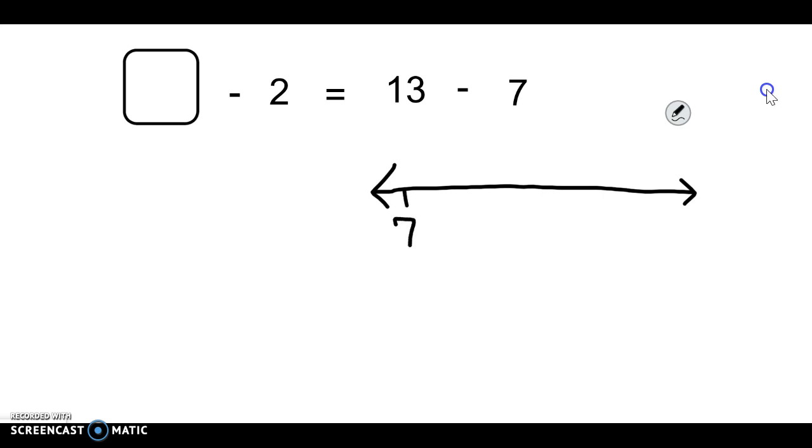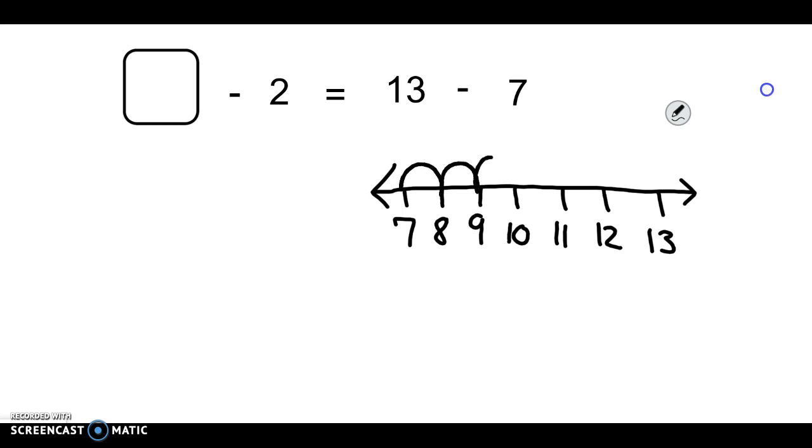Here we go. 8, 9, 10, 11, 12, 13. Now for the fun part. Let's count our skip jumps. 1, 2, 3, 4, 5, 6. Okay, so 13 minus 7 is 6.